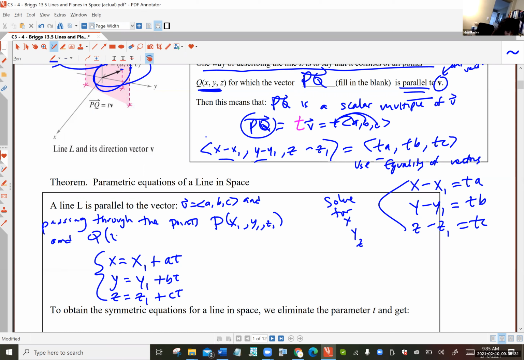You're just giving him arbitrary coordinates x, y, and z, because he could be any point that lives anywhere on the line, and we're talking about how the line L is represented by the parametric equations. And so these guys, folks, are called the parametric equations right here.